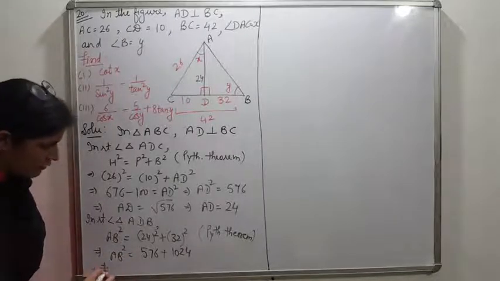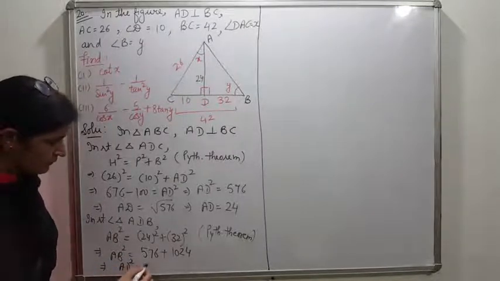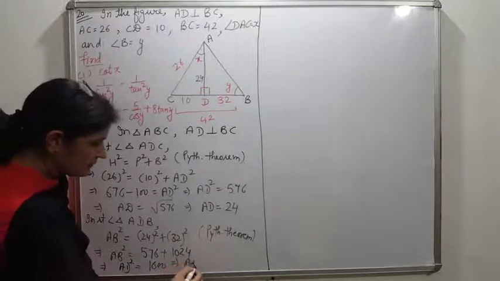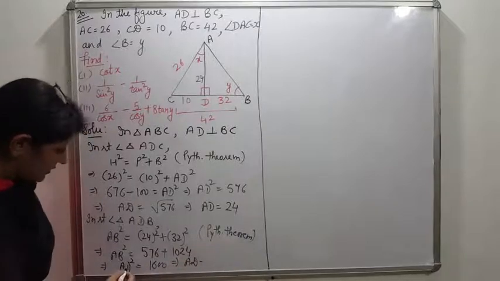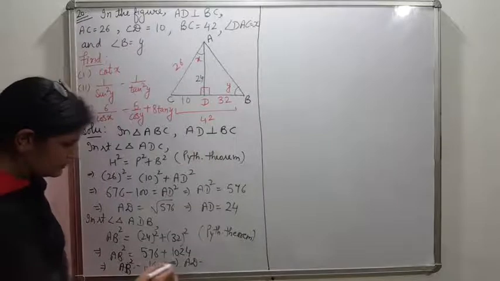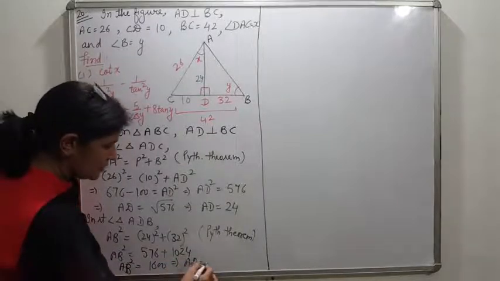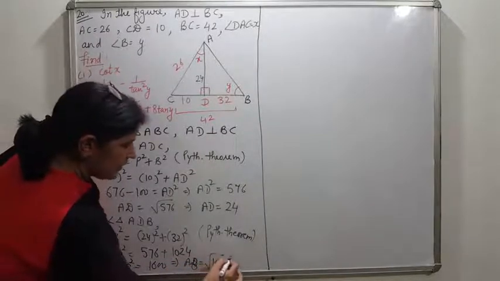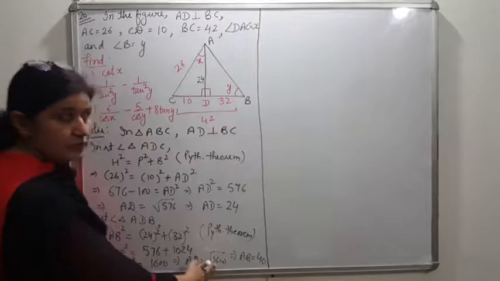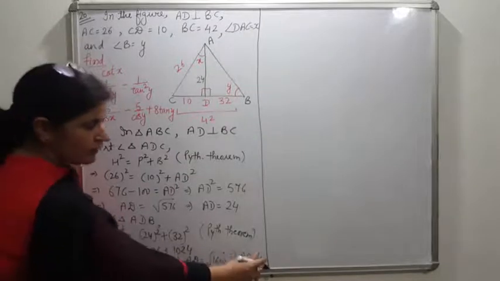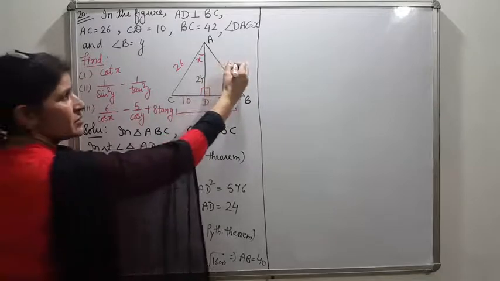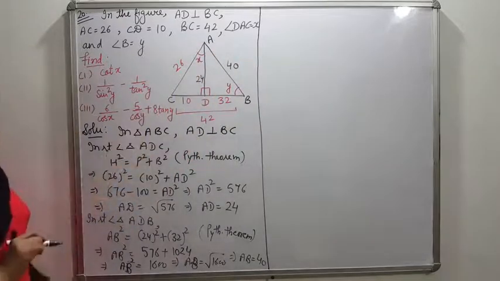It will help you to solve the questions fast. We had 1600. So AD is, sorry, it is AB. AB is square root of 1600. So AB will come 40. 16 is square of 4 and 2 zeros. So 40 will come here. So this is 40.